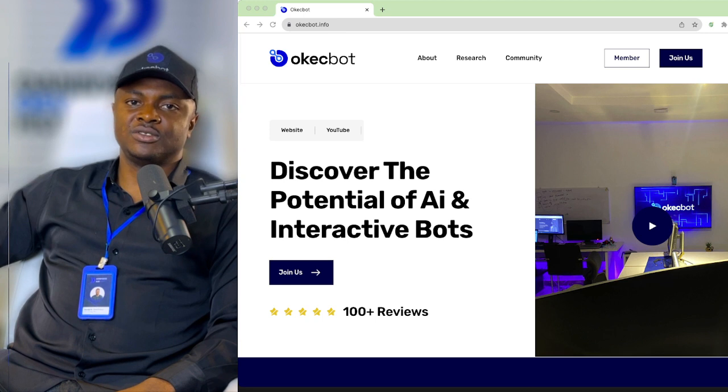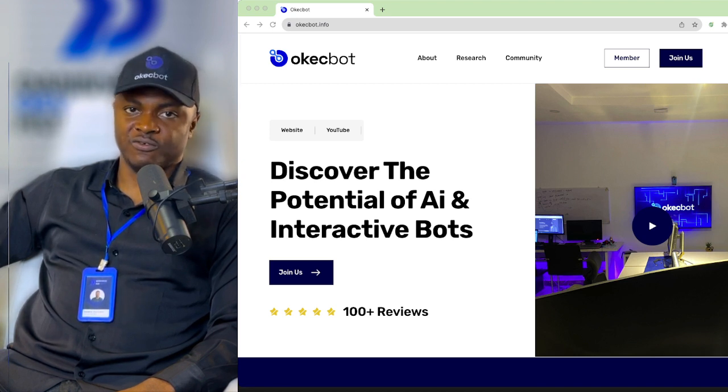Despite having lots of parameters set to detect bot engagement from human engagement, Google has one flaw. And the essence of the OkecBot facility is to show the public this flaw so advertisers can know why their advertisements might not be converting, or why they often get thousands of clicks with no conversion.